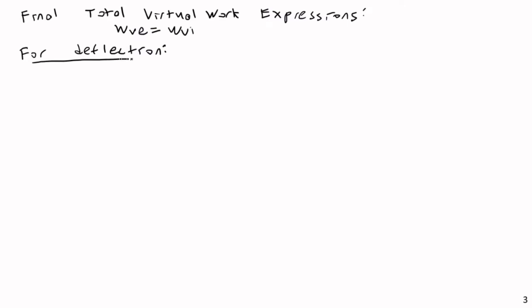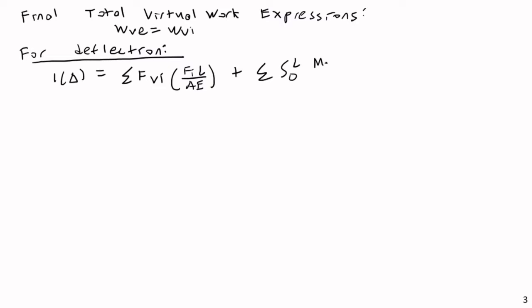For deflection, we have 1 times delta is equal to the summation of FVI times FIL over AE plus the summation of the integral from 0 to L of MVM over EI dx. This is what you use if you want to know the deflection of a frame at a particular location.